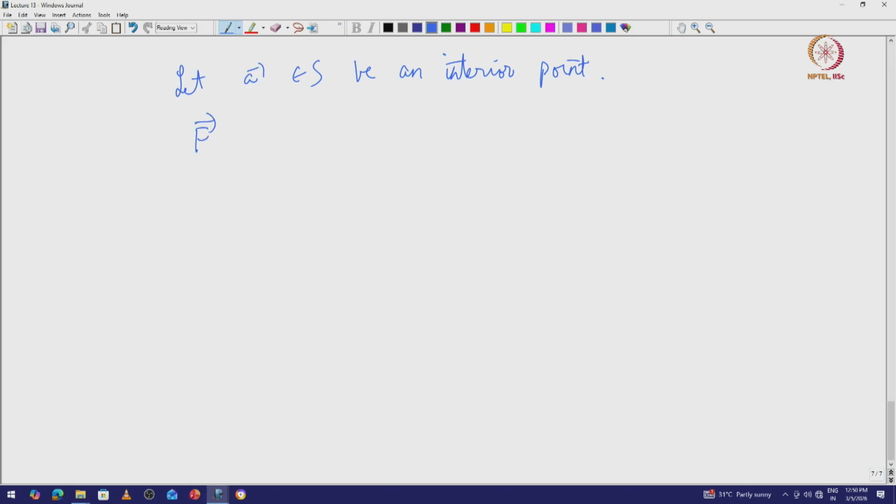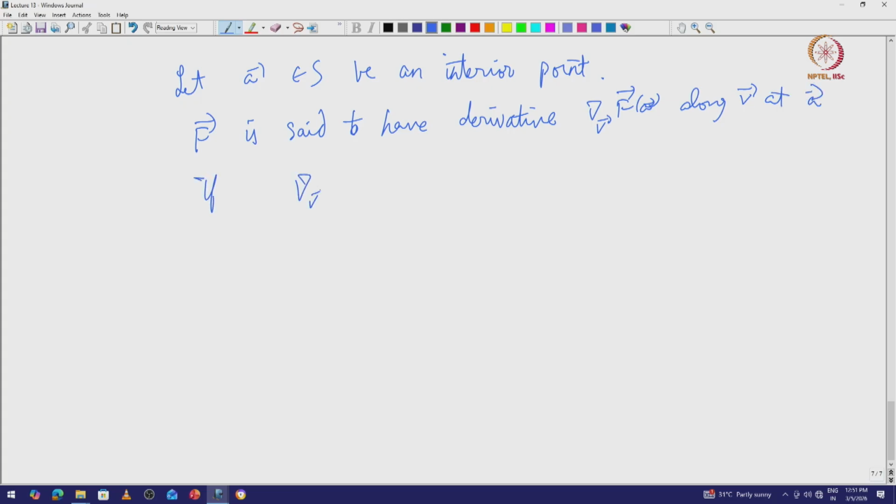We can talk about the directional derivatives of f as well. f is said to have a derivative along v at the point a if this vector valued but one variable function's limit exists.